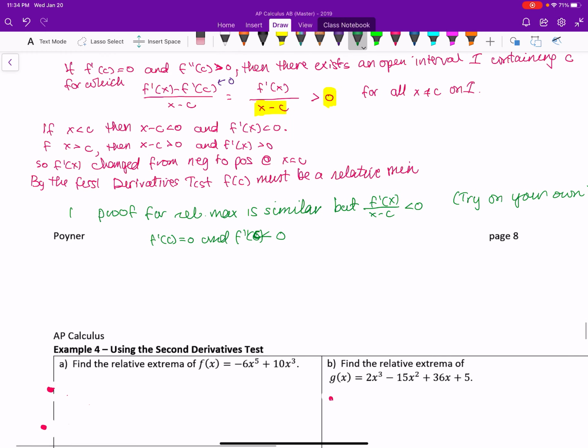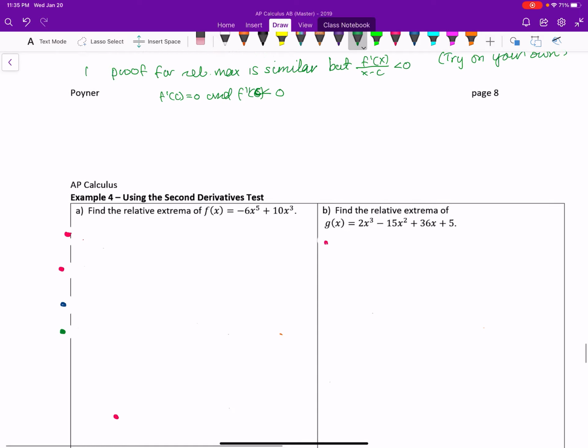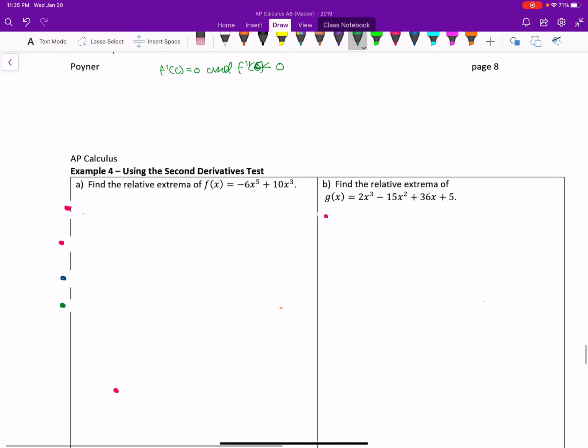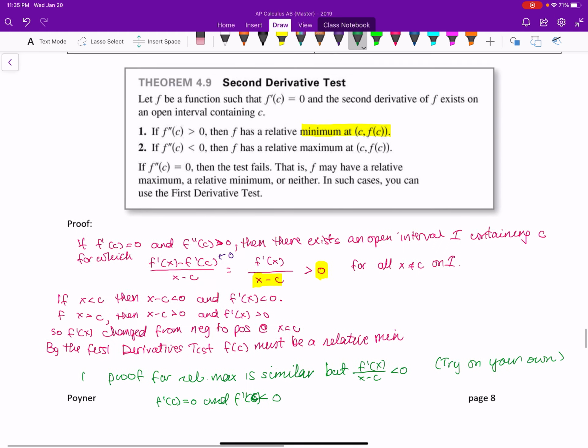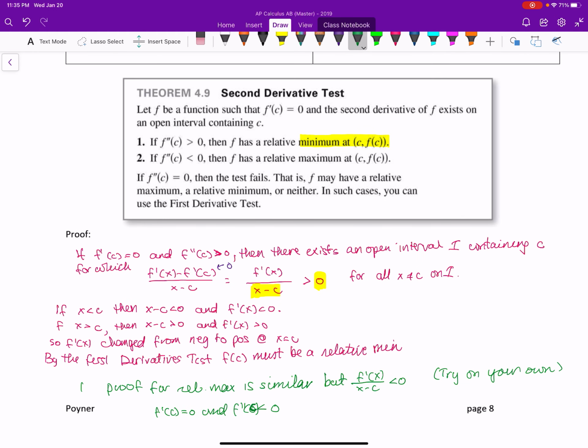All right. So the best way to do this is just to try some problems, right? If I wanted to find the relative extremas using the second derivatives test, I would take the first derivative and find the critical values, because essentially, if you look at it, it says wherever f prime is equal to 0, I'm going to test those in the second derivative.